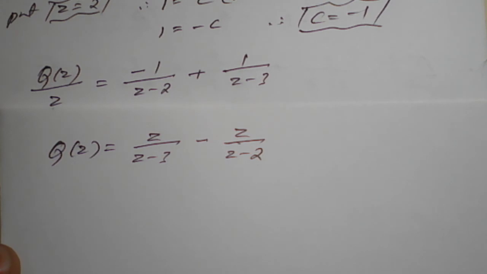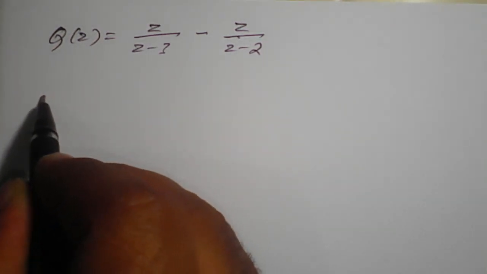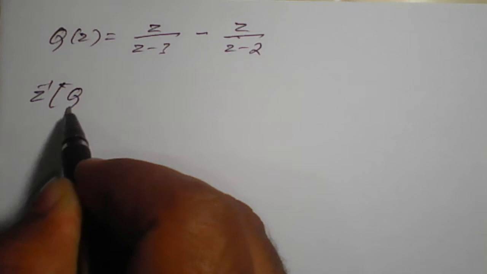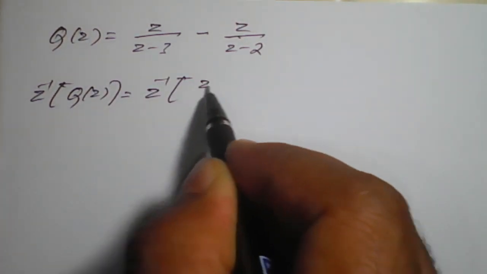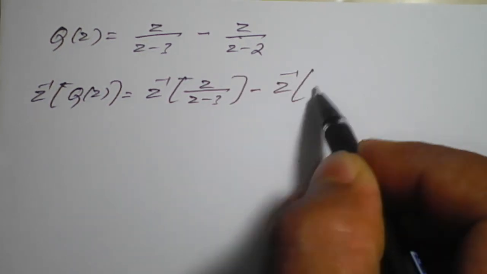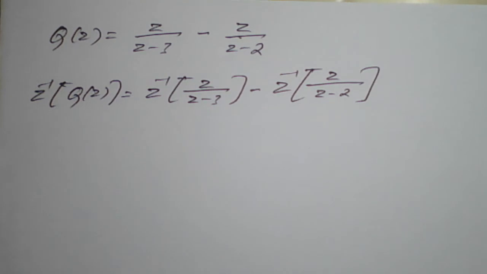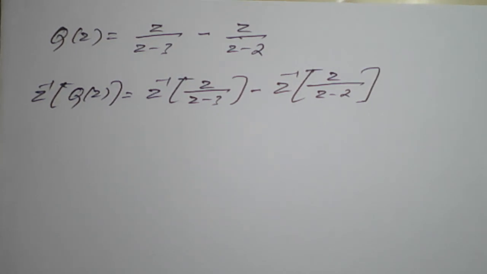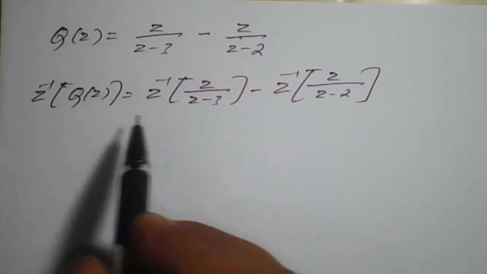So now on taking Z inverse on both sides, Z inverse of QZ is equal to Z inverse of Z divided by Z minus 3 minus Z inverse of Z divided by Z minus 2. You refer to the steps to simplify this problem so that you will understand once again.